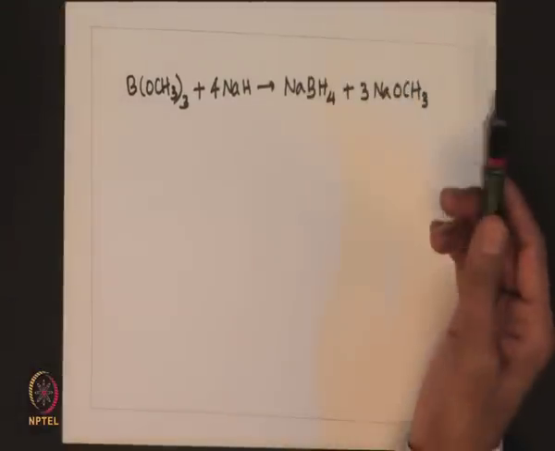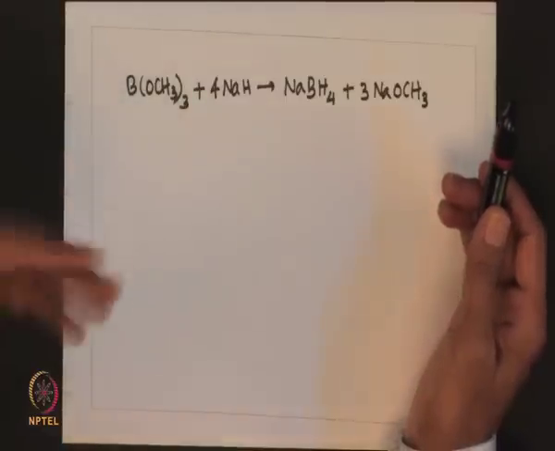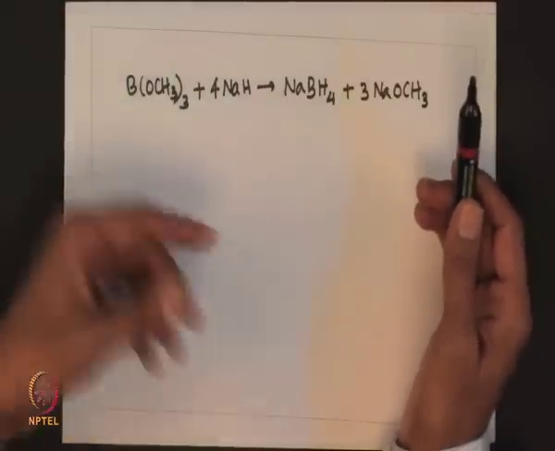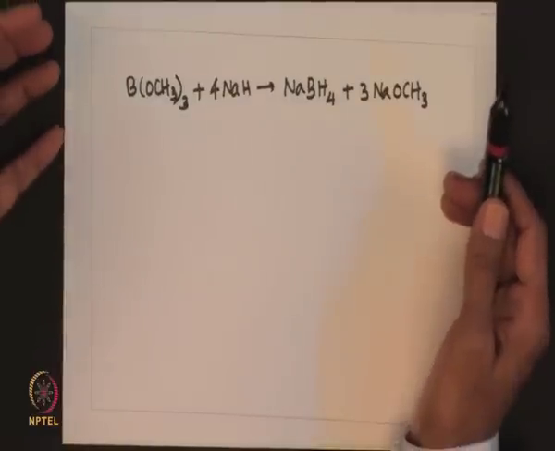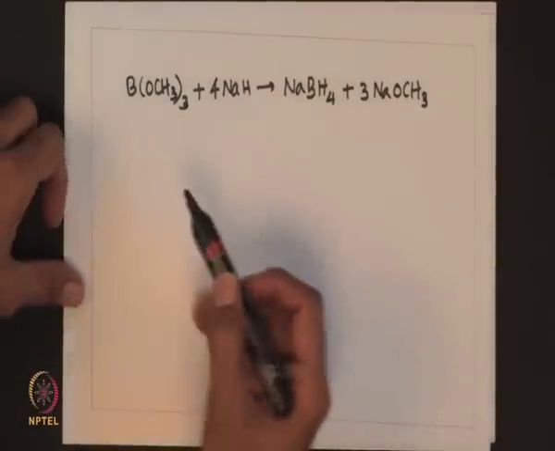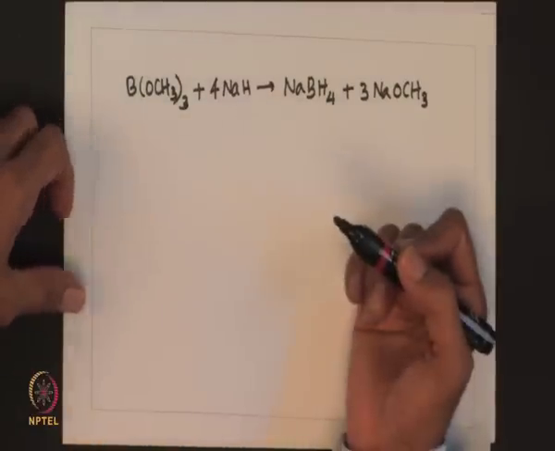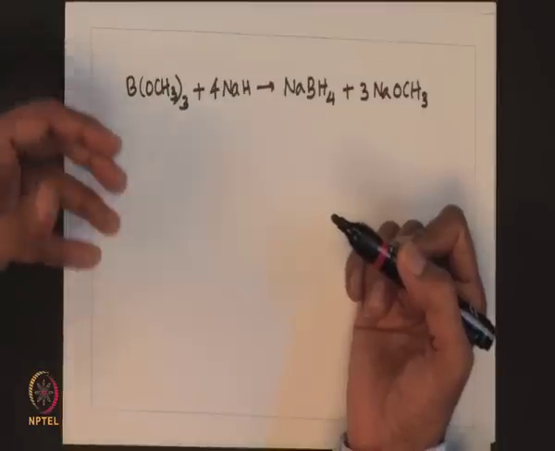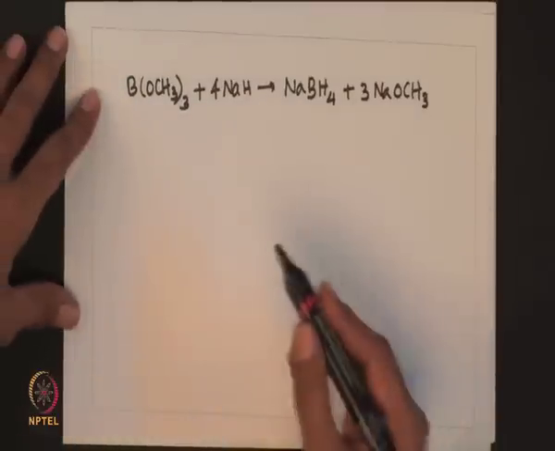And this is a very good reducing agent. I would discuss more of its properties in another 2 to 3 minutes. Just I will show you one example how it is used in transition metal chemistry to reduce some of the transition metal derivatives.